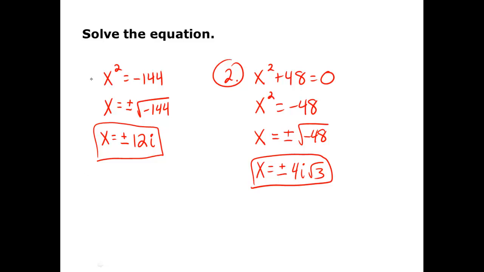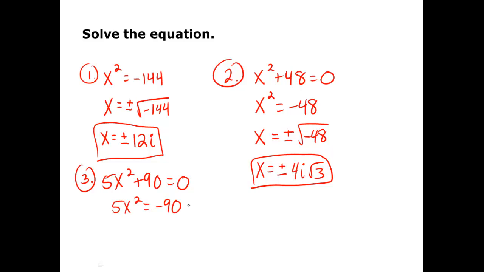Okay, let's try another one. Oh, I forgot to number that. This is number 3. 5x squared plus 90 equals 0. Notice again, no perfect squares here, and we're adding instead of subtracting, so not one of our formulas. What we're going to do is isolate the x squared, first by subtracting the 90, then dividing by 5.